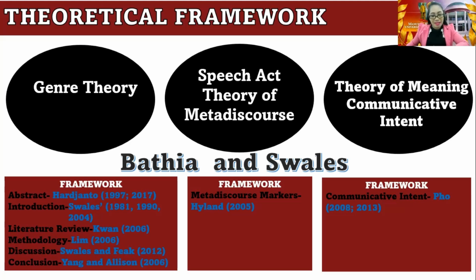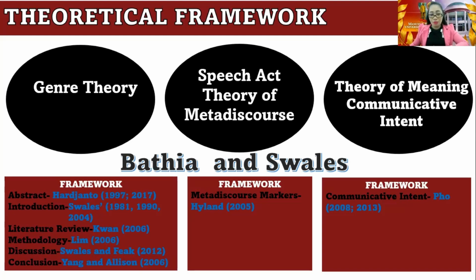in the analysis of the research paper's abstract, horizontal moves will be adopted. As I reiterate, move one is creating a research space, with step one, establishing the field; step two, preparing for present research; step three, introducing present research.